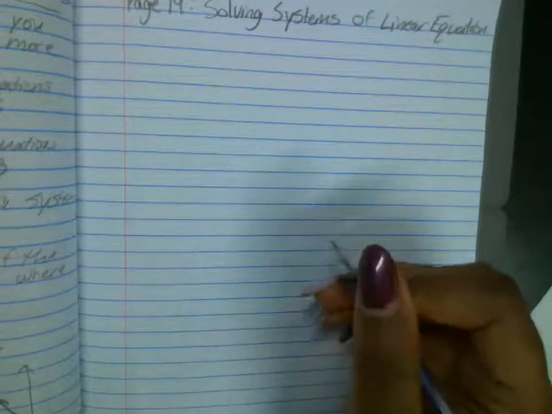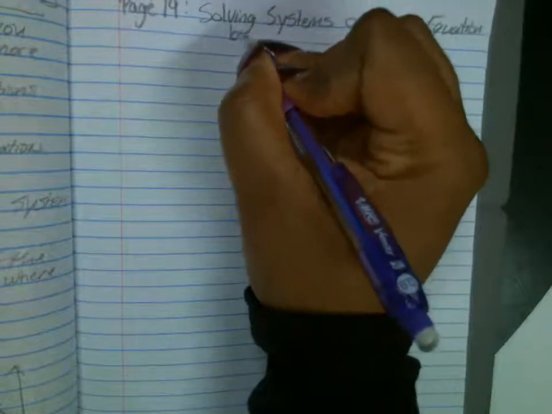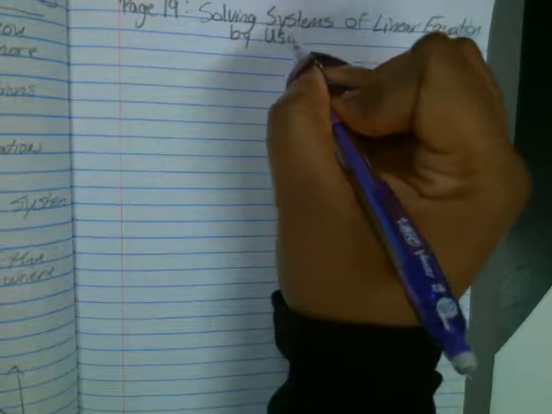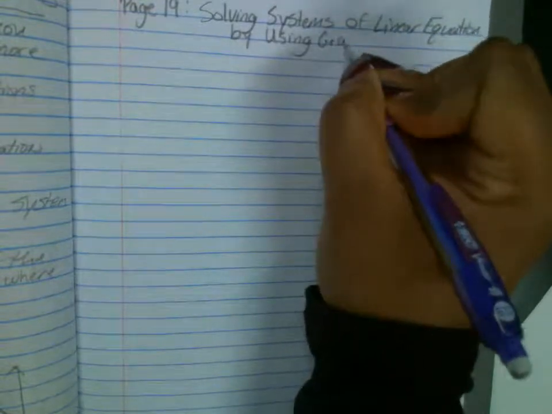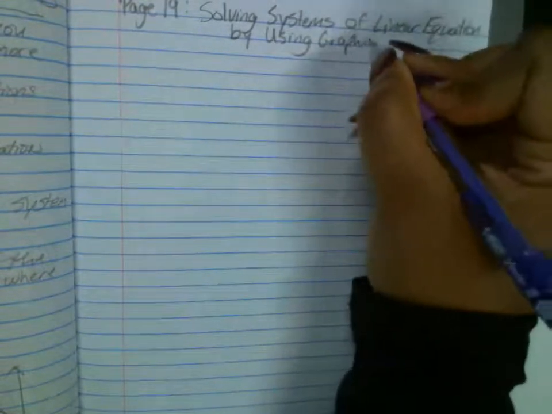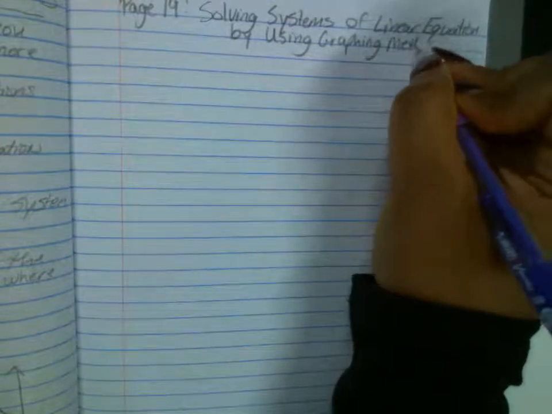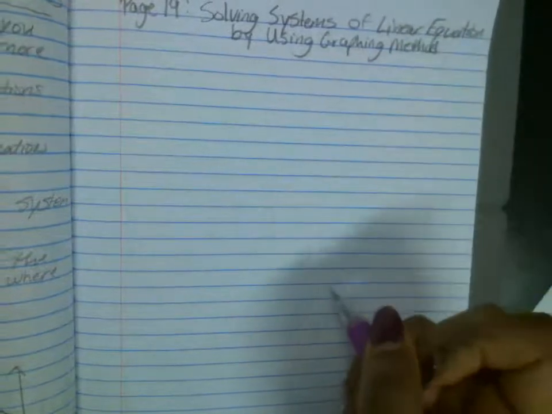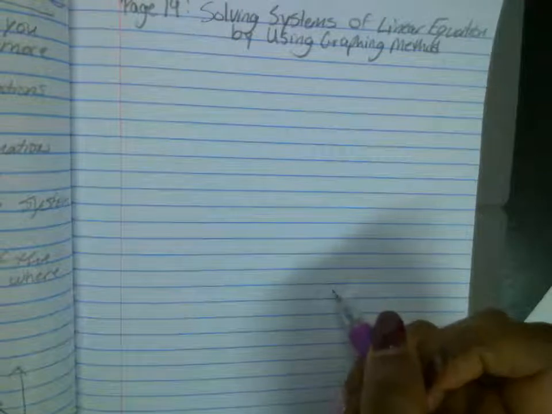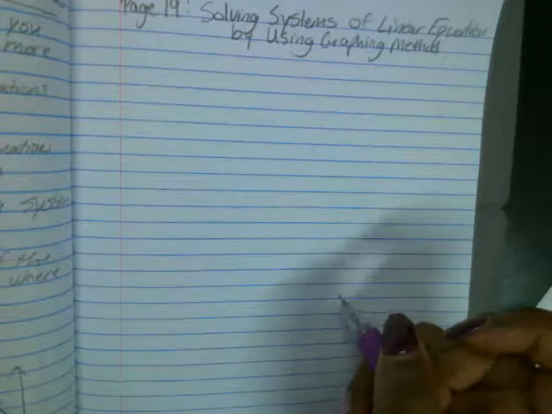All right, so to solve it, we're solving a system of linear equations by using the graphing method. What does that mean, Ms. Reyes?